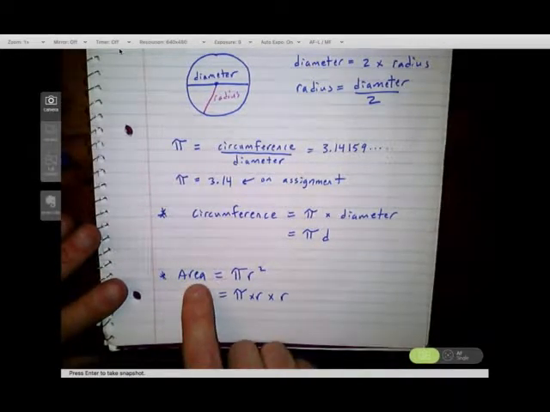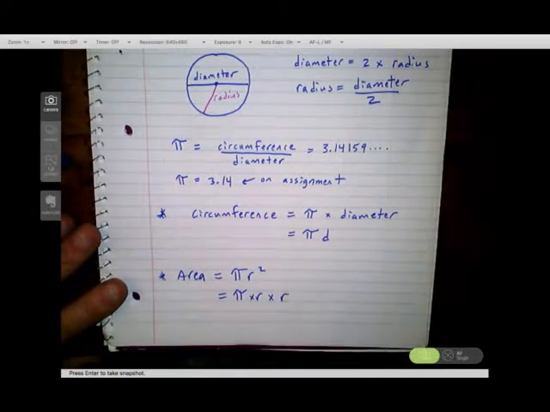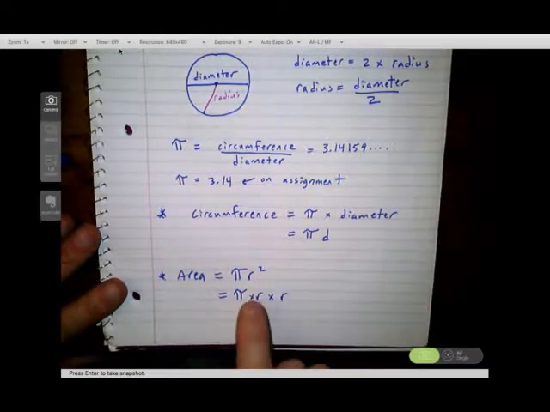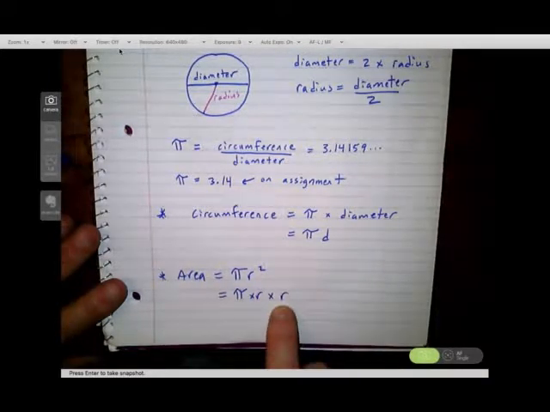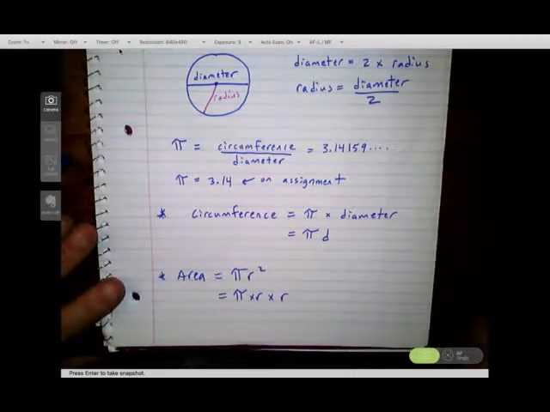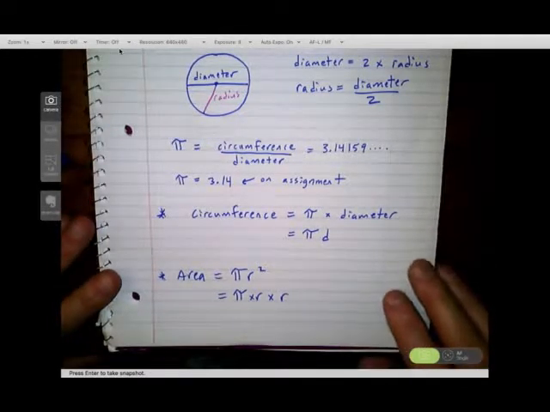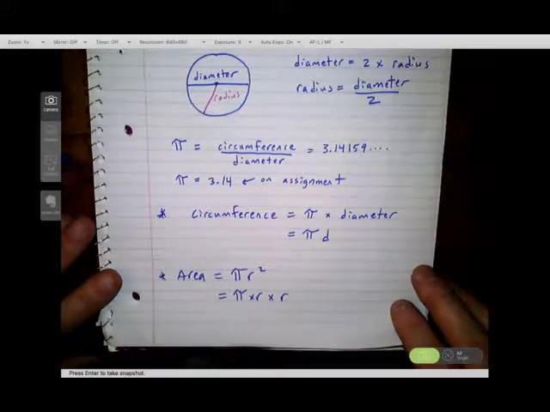And area is, I'm not going to show where that comes from, pi times the radius squared. So for area we need the radius, and we're going to square that, or multiply it by itself, and then multiply that answer by pi. So pi times the radius times the radius. Okay, pi times diameter for circumference, pi r squared, pi times the radius squared for area.